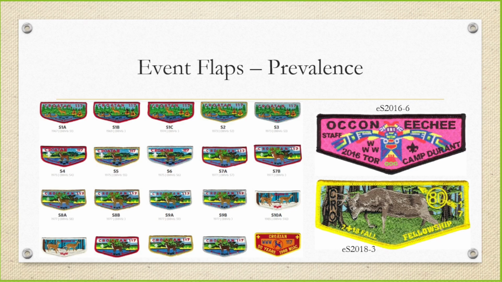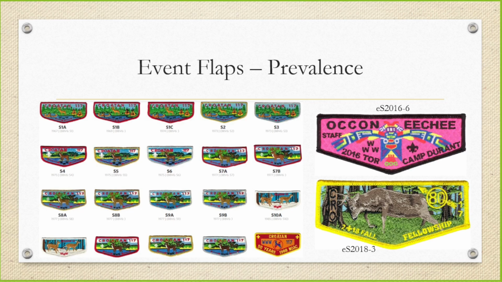The Traderie one from Okanichi, I'm not as sure on, because in theory, they're representing themselves to all the people coming in for the Traderie, so I'm not sure if that really holds there. But for a fall fellowship patch, in theory, all their own lodge members are going to be there. They're not wearing it to represent the lodge. They're not listing it as a flap in the traditional sense.